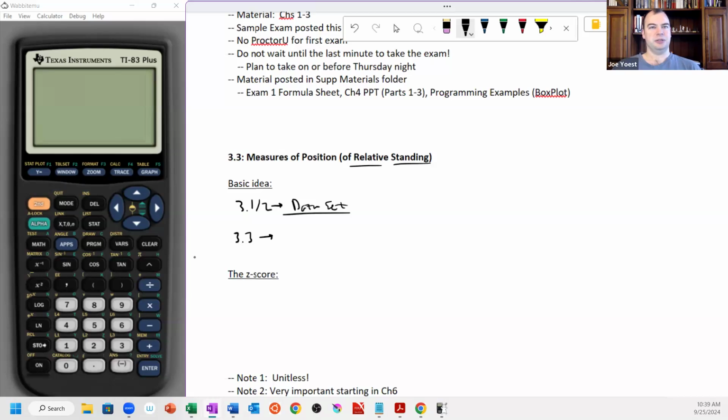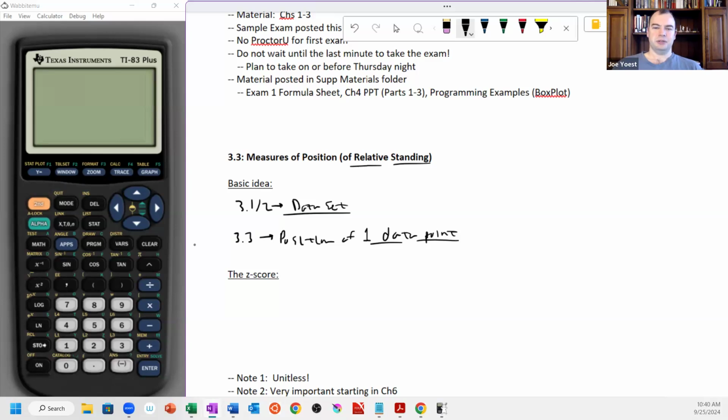In 3.3, we're switching gears a little bit. We want to describe the relative standing, the position of a certain data point with respect to the rest of the data set, with respect to all of its neighboring data points. It could be a specific point in the data set.